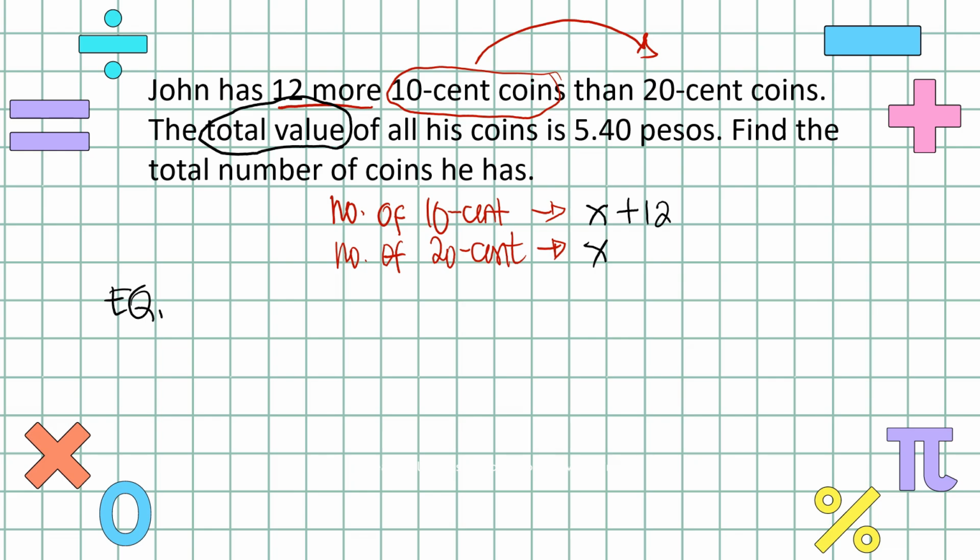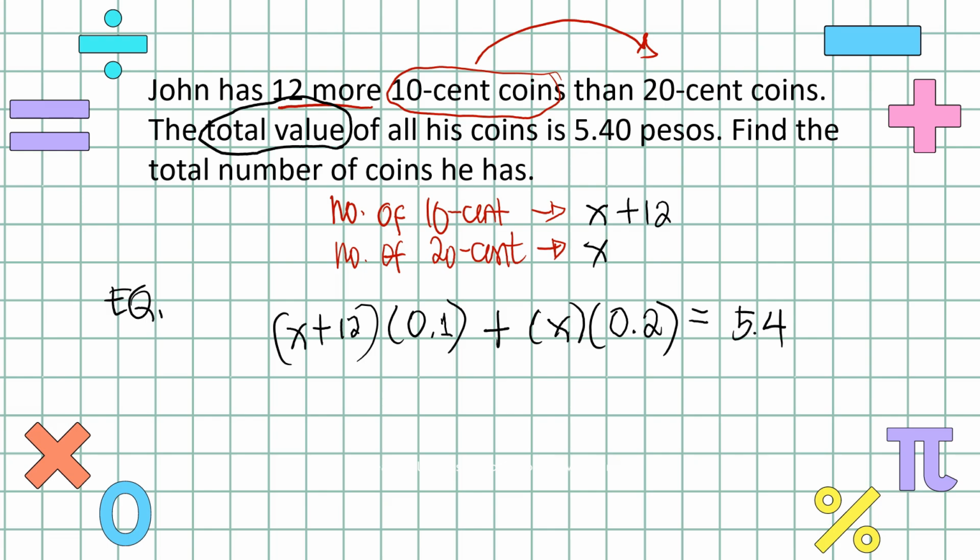We multiply the number of our 10-cent coins, which is x plus 12, by 0.1, which is the value of each coin, plus the number of 20-cent coins multiplied by the value of each 20-cent coin, which is 0.2. And the sum must be equal to 5 pesos and 40 centavos, or simply 5.4.